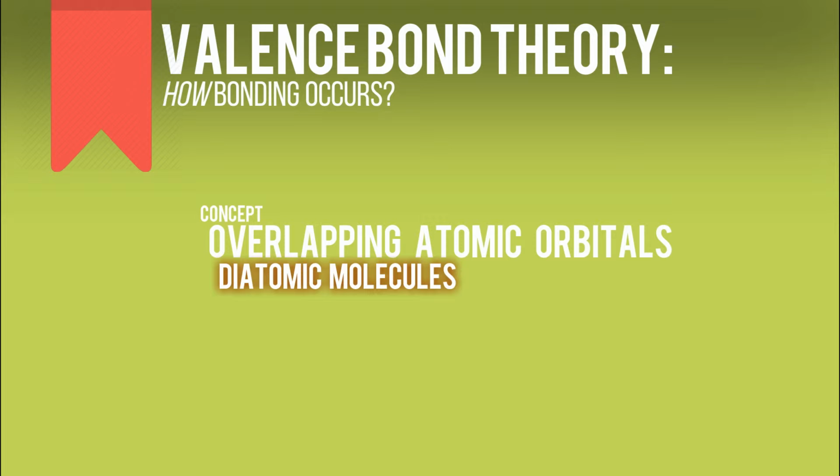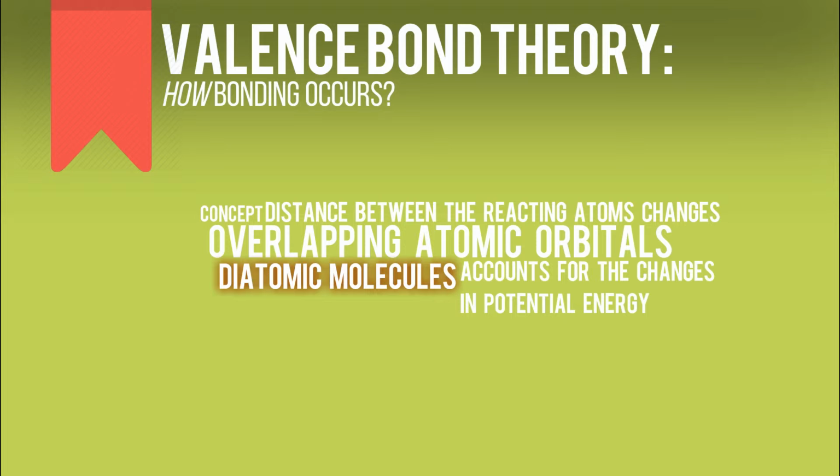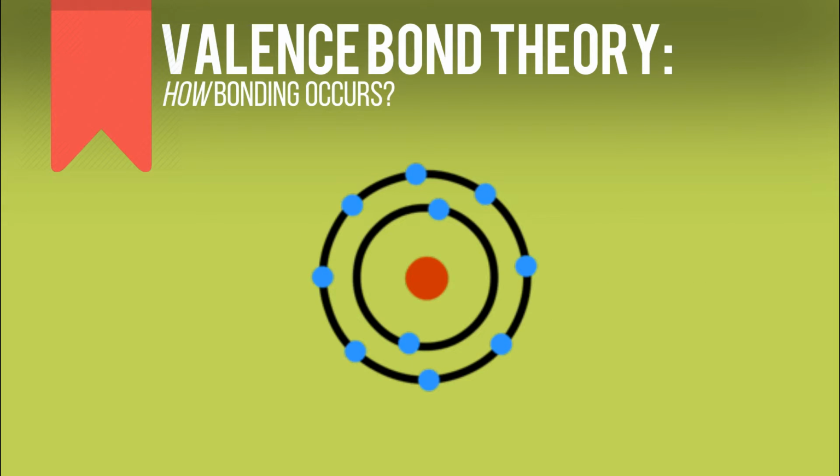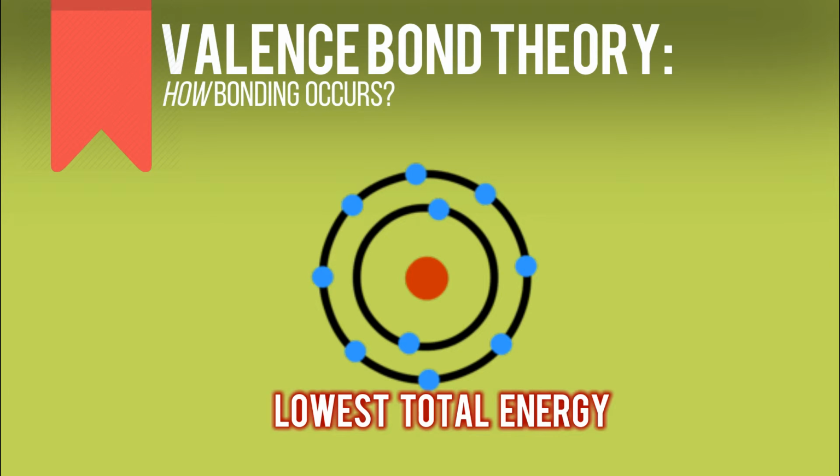In each case, valence bond theory accounts for the changes in potential energy as the distance between the reacting atoms changes. An isolated atom has its electrons arranged in orbitals in the way that leads to the lowest total energy for the atom.